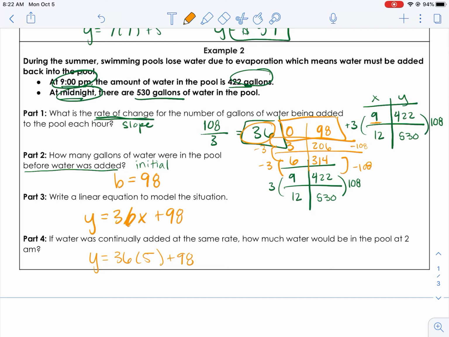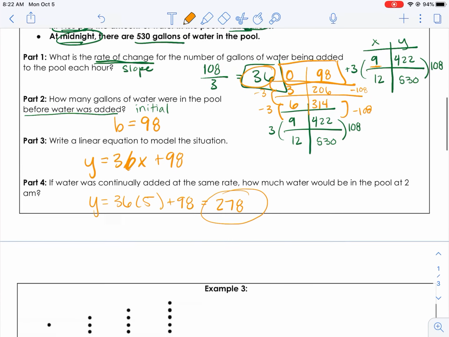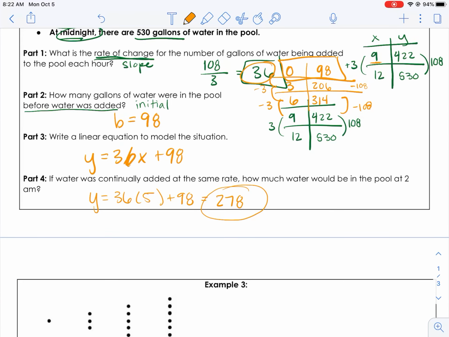So we're going to say y equals 36 times 5 plus 98. And we'll just simplify that. So 36 times 5 plus 98 gives us 278. So it would be 278 gallons at 2 a.m. Actually, that is not right.